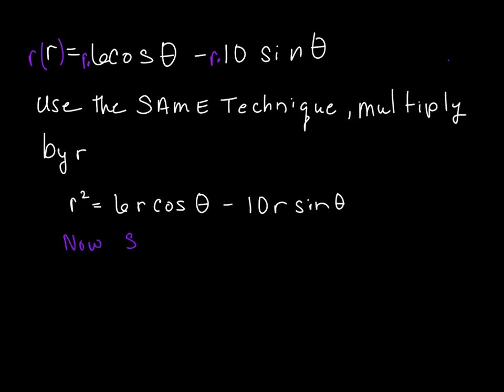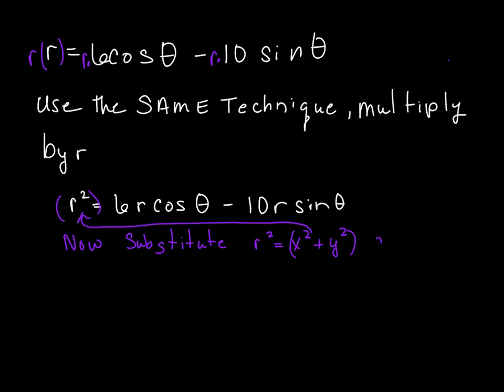Now we're going to go ahead and substitute again to turn the polar equation back into a rectangular form. I know that r squared is equal to x squared plus y squared. So r squared is going to get replaced with x squared plus y squared.